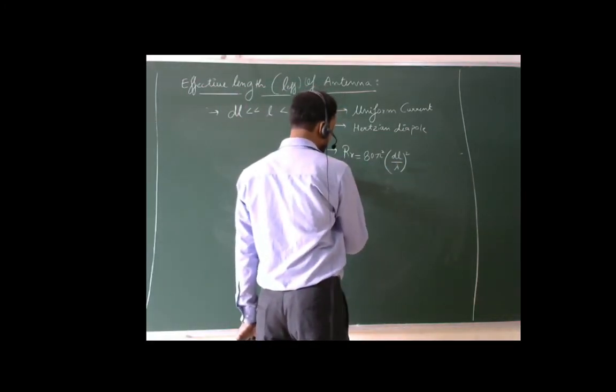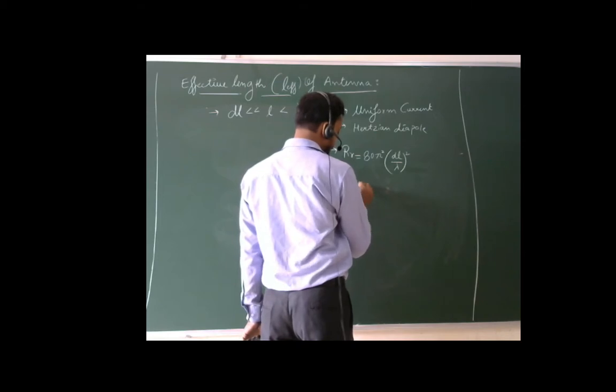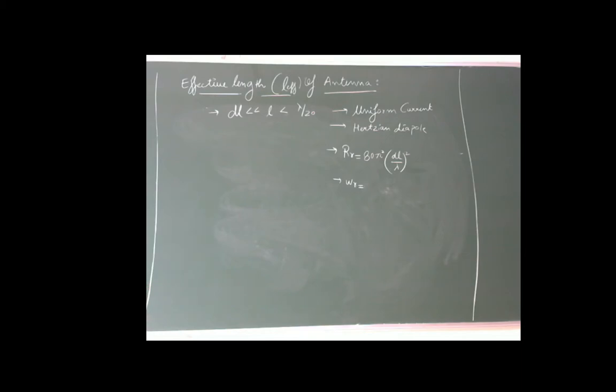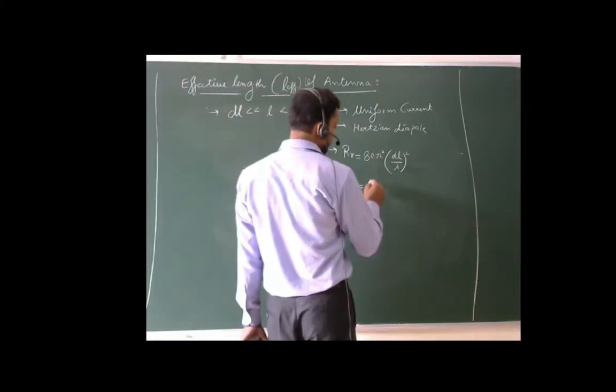So the power in this case can be given by the square of the current, that is I RMS square into this radiation resistance.